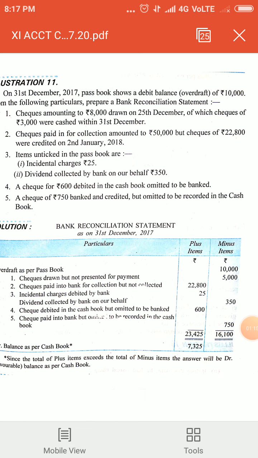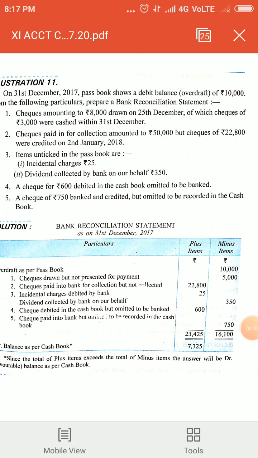Again, checks paid in for collection amounting to rupees 50,000, but checks of 22,800 were credited on 2nd January 2018. That means checks worth rupees 22,800 were credited in the next month or next year, and it has not been passed in the passbook.